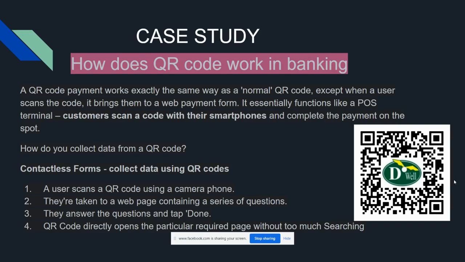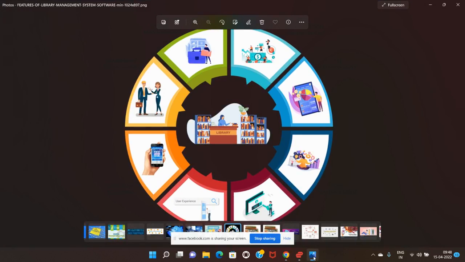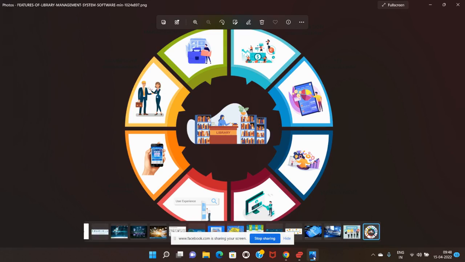So today, what are the key points when I'm talking about a library? When we talk about the library, there are some key points when we are running it. The first point is to make book search easy for the readers. How will you make that easy?